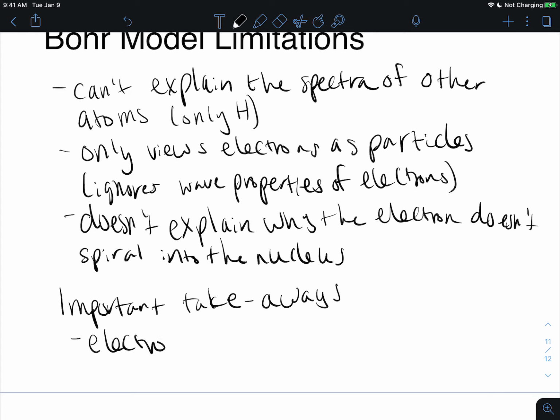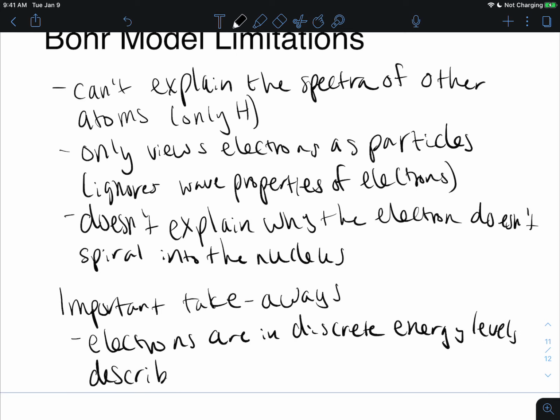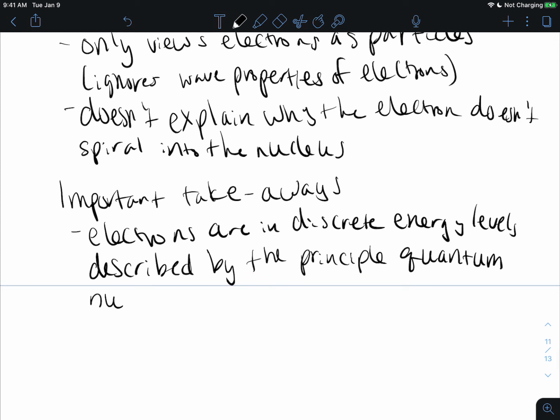So electrons are in discrete energy levels described by the principal quantum number. This is a very important takeaway from the Bohr model, the most important takeaway from the Bohr model.